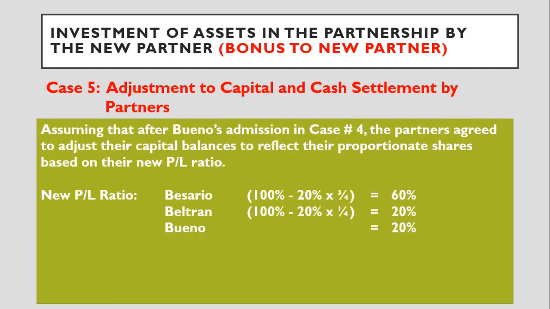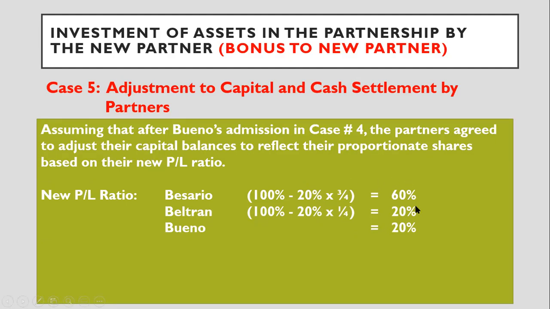Okay, so this is case number 5, but this is in relation to problem number 4. Assuming that after Bueno's admission in case number 4, the partners agreed to adjust their capital balances to reflect their proportionate shares based on their P&L ratio. The new P&L ratio of the partners: since Bueno will be given 20%, the 80% will be shared by Bisario and Beltran using their P&L ratio.